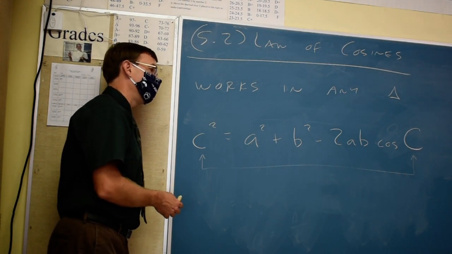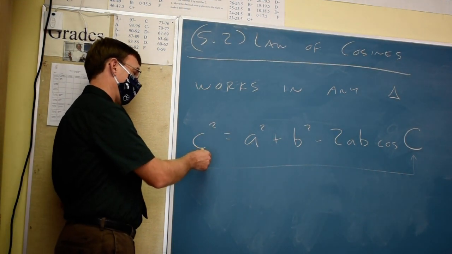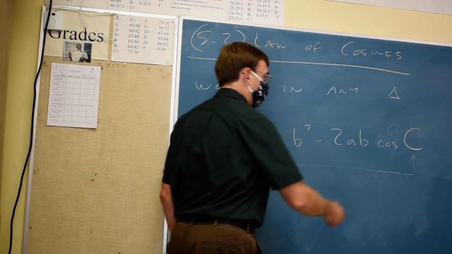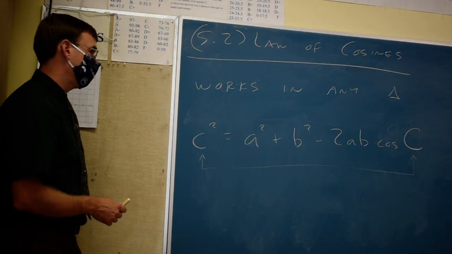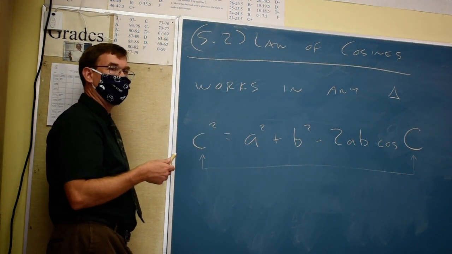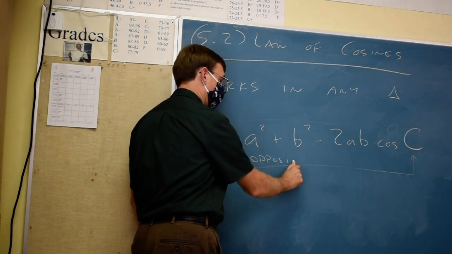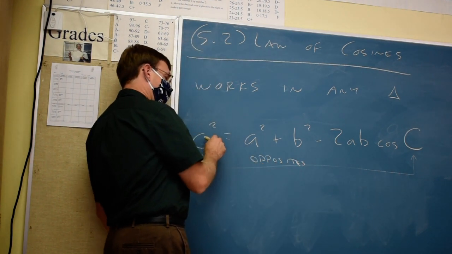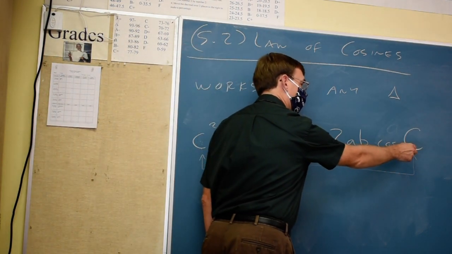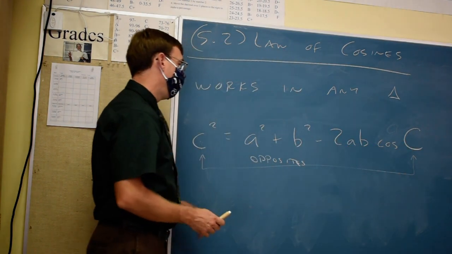The two most important pieces of information to position in this are the little c, which is a side, compared to the big C, which is an angle. How would you locate the side c and the angle C in a picture? They're opposite. So in the picture, the side c that's going to go live here in the equation has to be opposite from the angle C that we're going to put there.